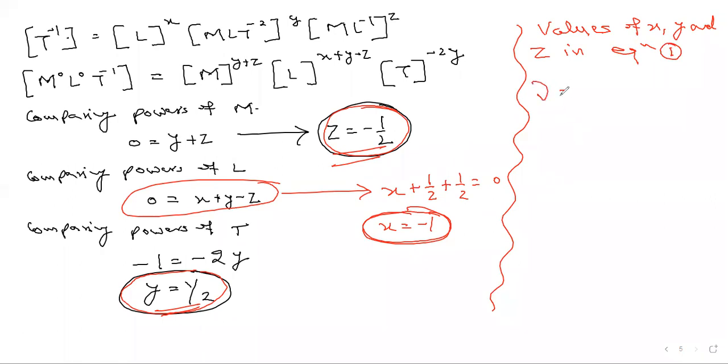So mu equal to k L to the power x, t to the power y, that is 1 upon 2, mu to the power z, minus 1 upon 2. So your formula will be k upon L minus 1, और दोनों पे अंडर रूट आ जाएगा, under root t upon v.